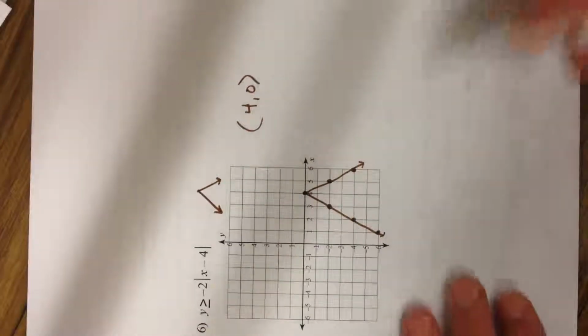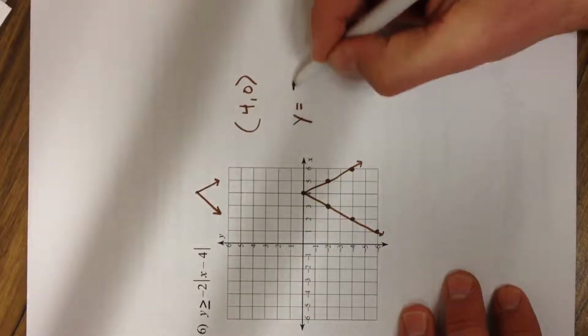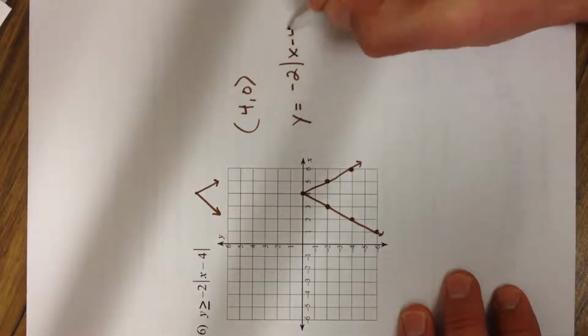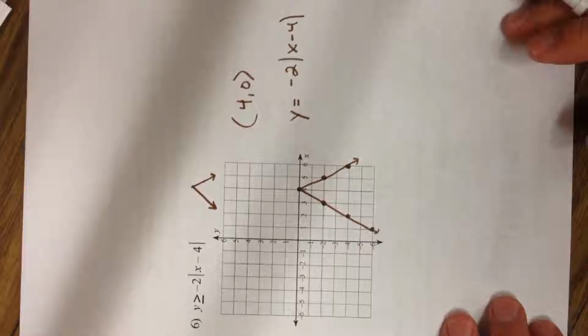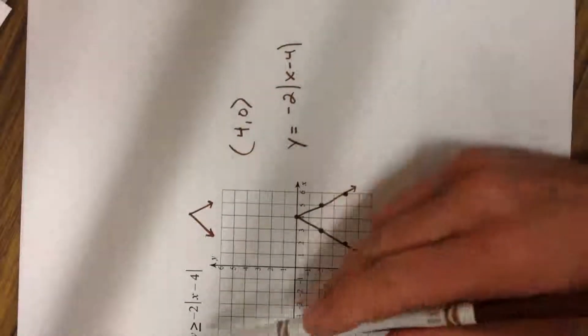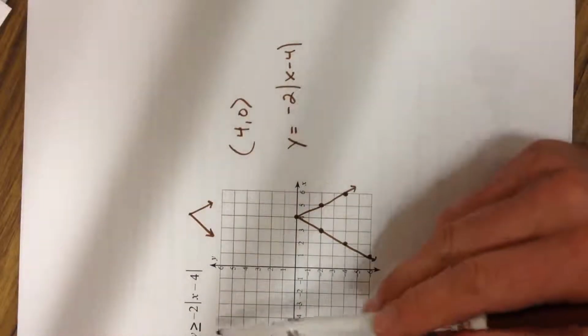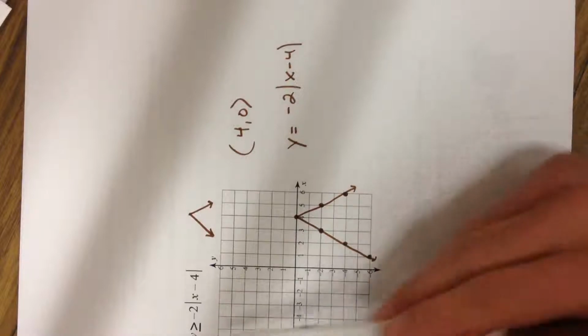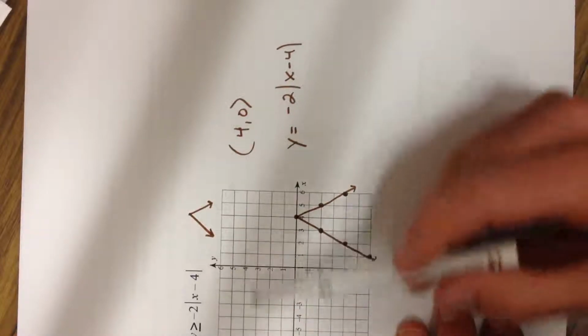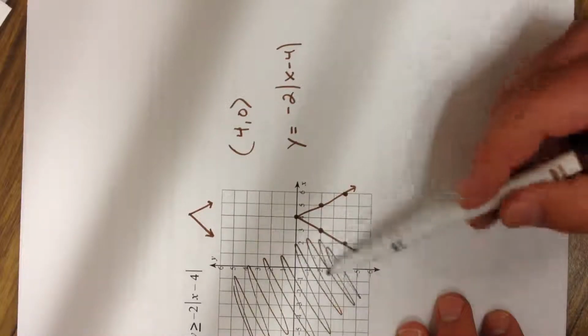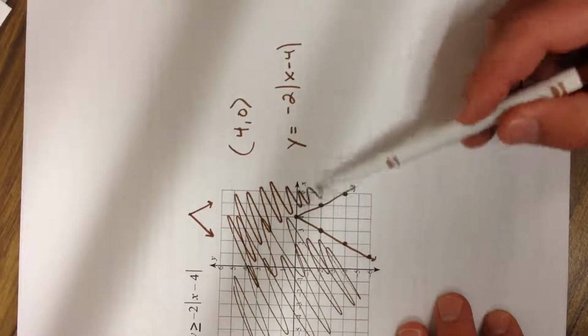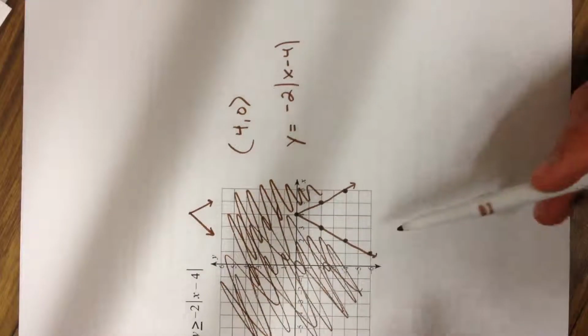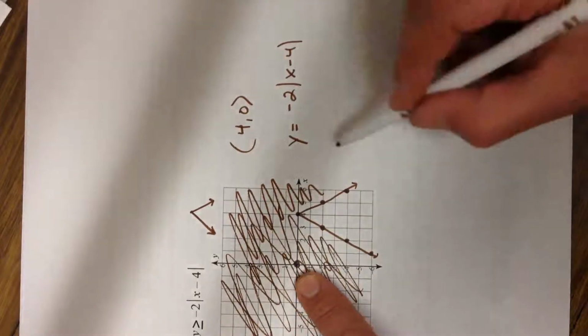So once I have it graphed, I'm just graphing y equals, just like my previous video showed. I'm just graphing that, and then since y is greater than the function, it's going to be above it. So we're shading this outside. Now since I shaded 0, 0, that should come out true.